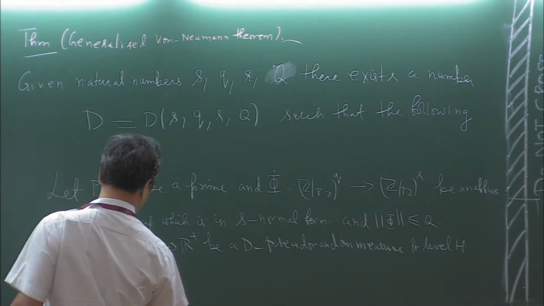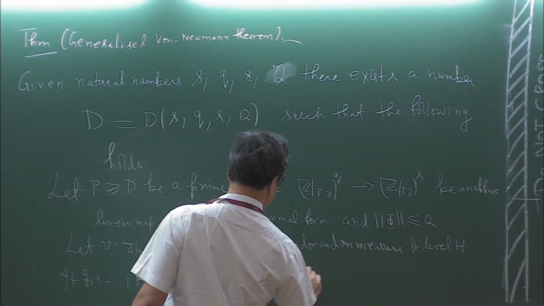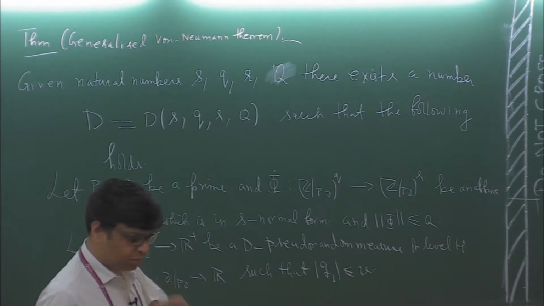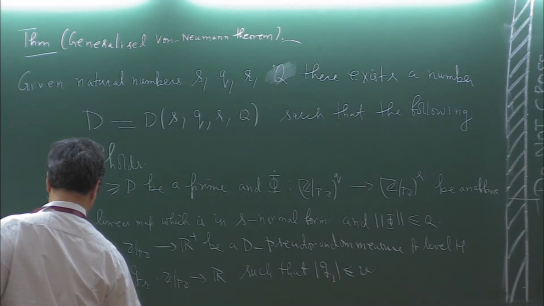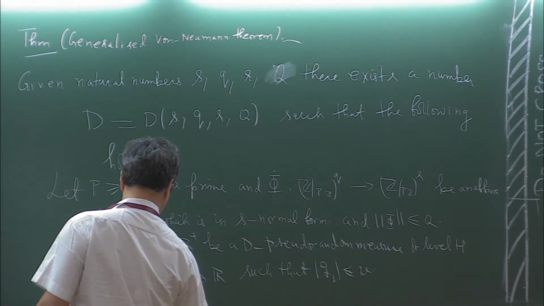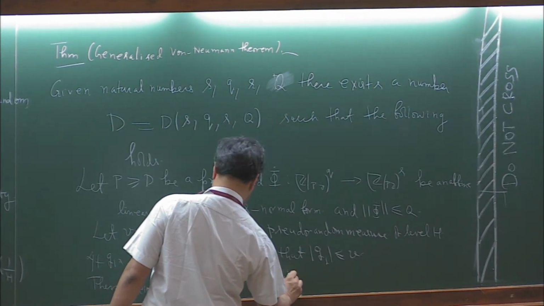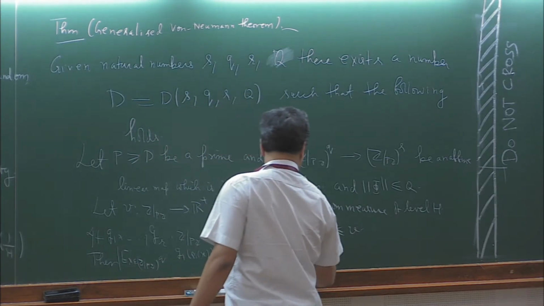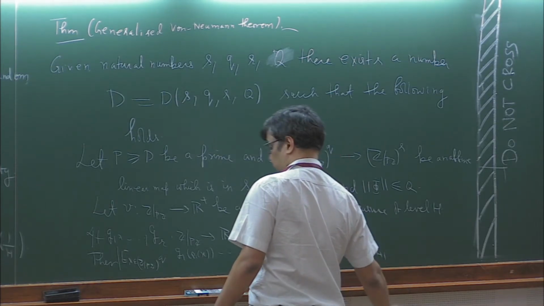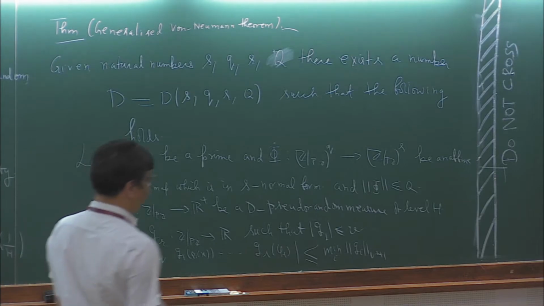if g_1, ..., g_R are functions from Z mod pZ to R such that mod g_i, g_j is less than or equal to this pseudo-random measure nu, then plus.